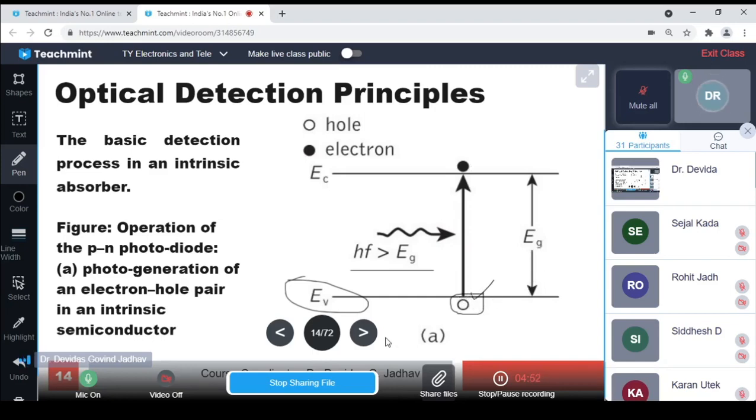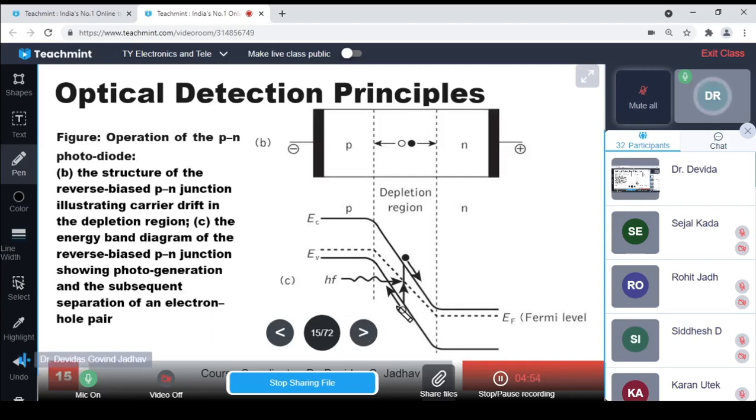So whenever there is a P region and an N region, they are reverse biased. P is connected to negative, N is connected to positive. There will be a depletion region, and as this voltage increases, the depletion region will increase. In the depletion region, whenever minority charge carriers are there, holes in the N region and electrons in the P region, they will cross the junction under the influence of the applied electrical field.